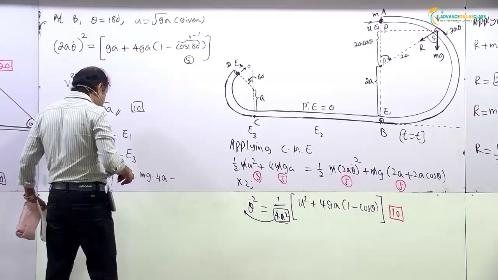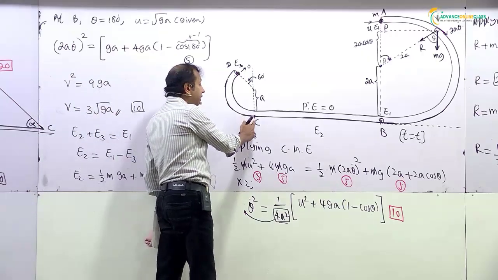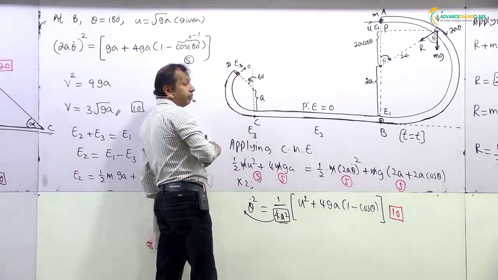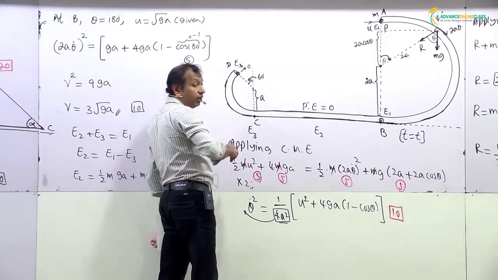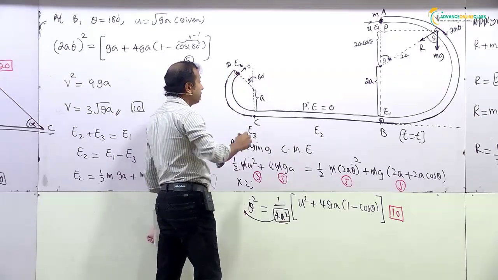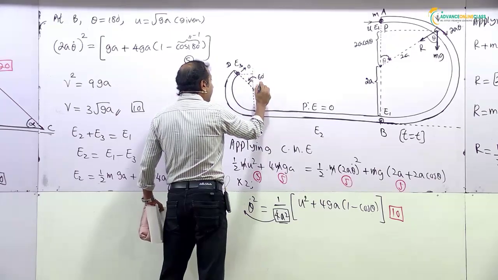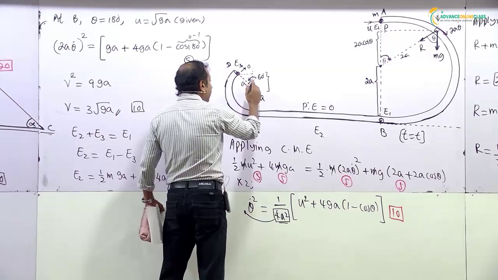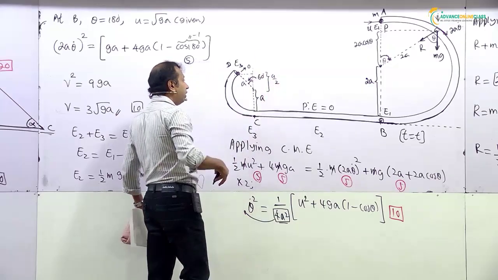Minus E3. E3 means the energy of the particle here. But at this moment, since it has no velocity, it has only potential energy. What is potential energy? This height you have to measure. This is a. This is 60, no, a cos 60, a by 2. Then height is 3a by 2.